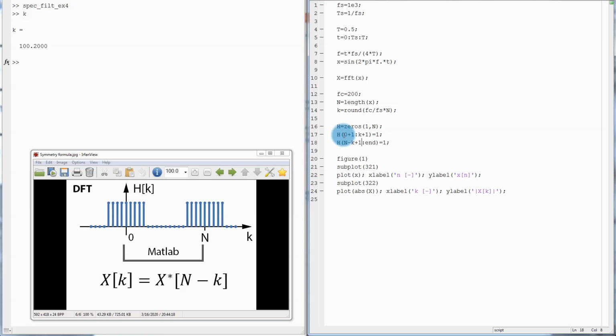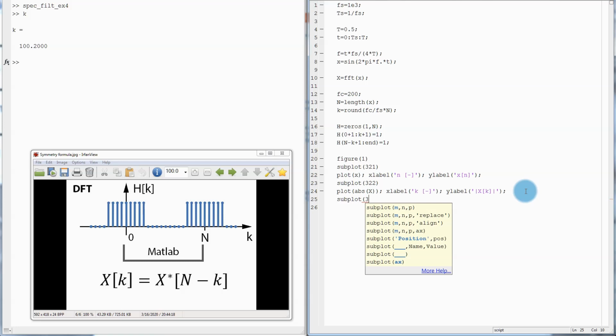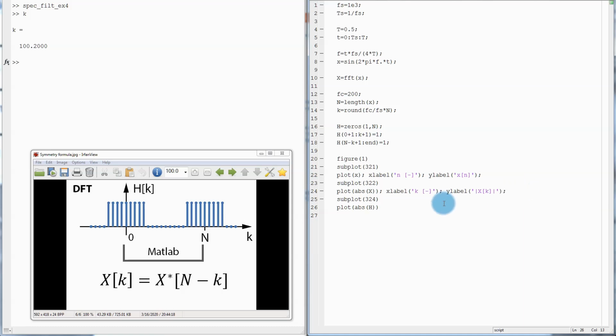I have generated the frequency characteristic, so now we can plot it. I actually do not have to plot the absolute value of the frequency characteristic in this case, because in this case the frequency characteristic is real. But you can see that I do this as a matter of habit, because oftentimes the frequency characteristic is complex, and I'm usually interested, not always, but oftentimes, in the amplitude frequency characteristic.